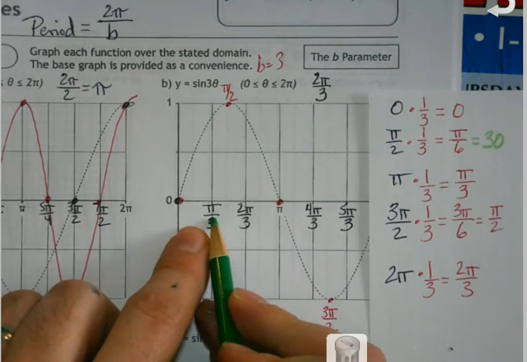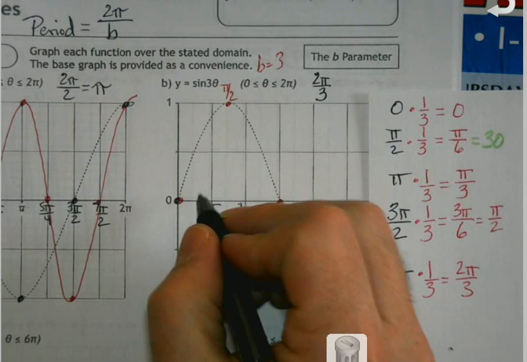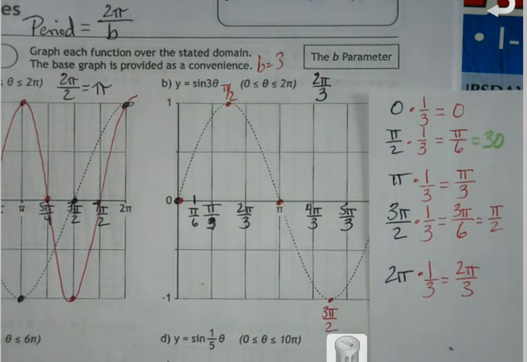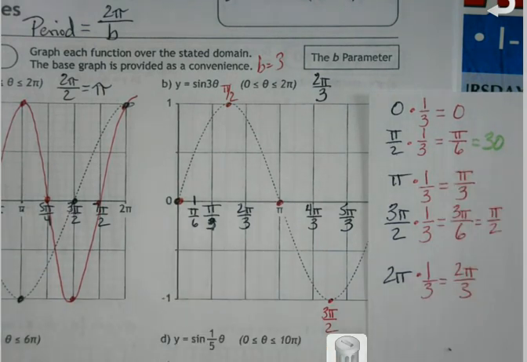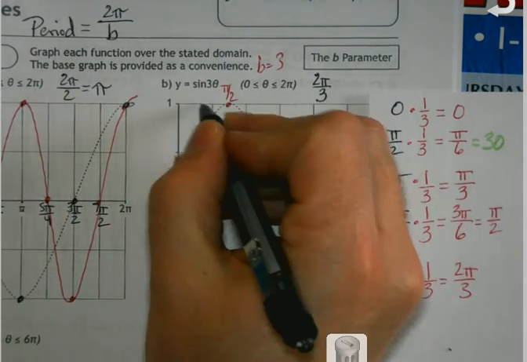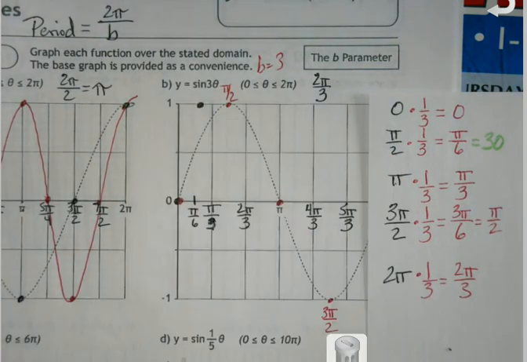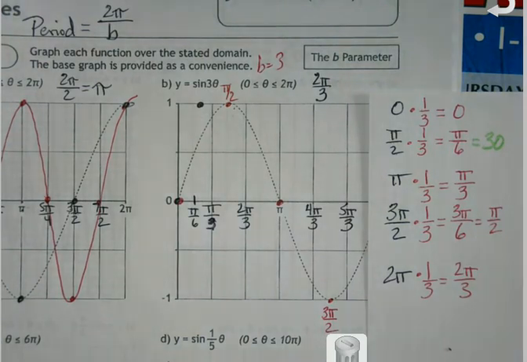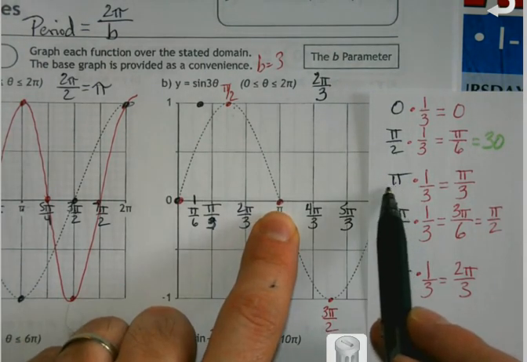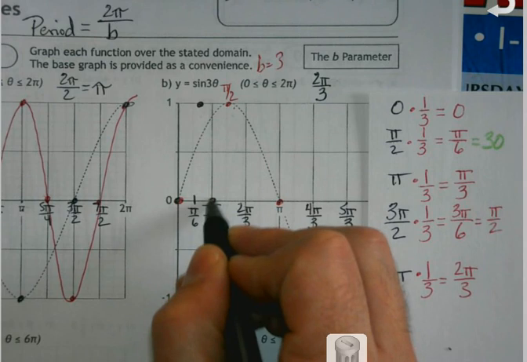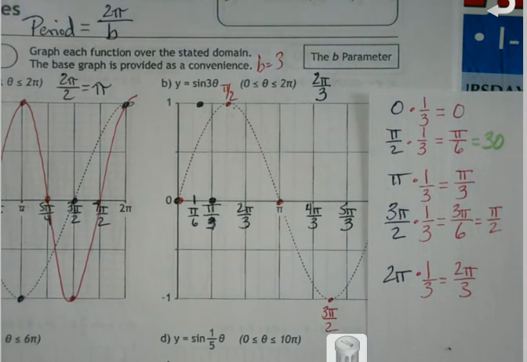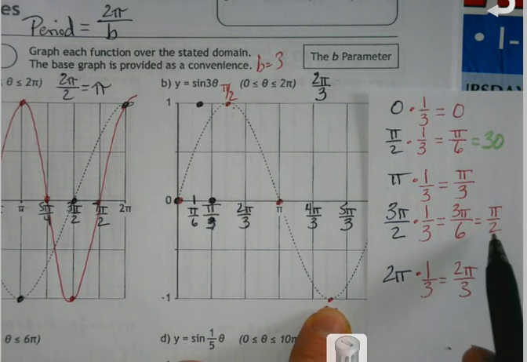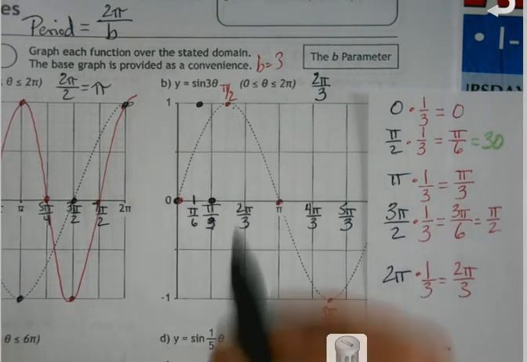That's 0. That's 60. You're like, oh my gosh, you're going to make me put another line in. I guess I don't have to put it in, but I can realize pi over 6 is in the middle. So my first dot, my 1, is going to be up here because it shifted from pi over 2 over to here. It's squishing. What I had at pi before, now it's going to move over to where pi over 3 is. What was at 3 pi over 2 way down here before is now moving to pi over 2.